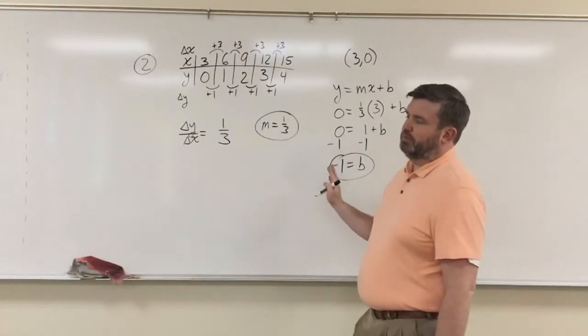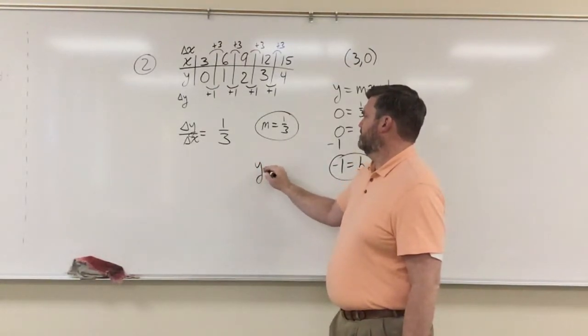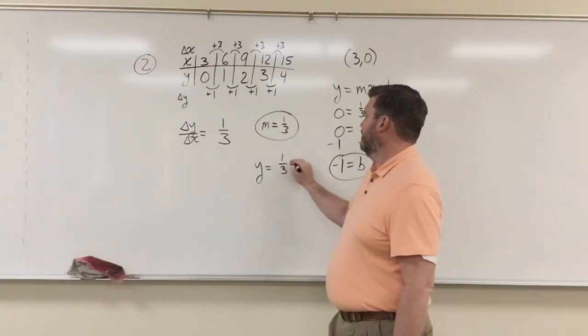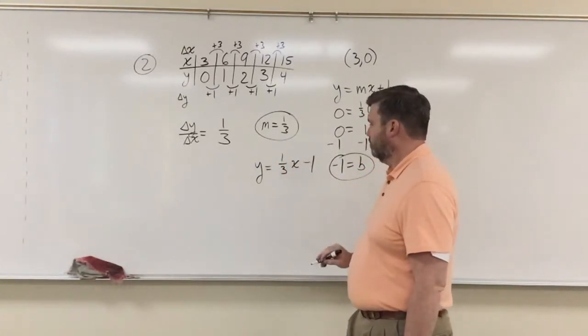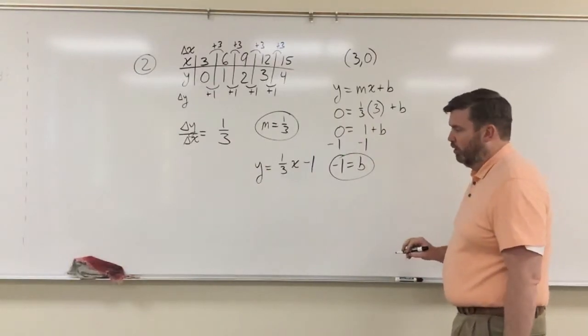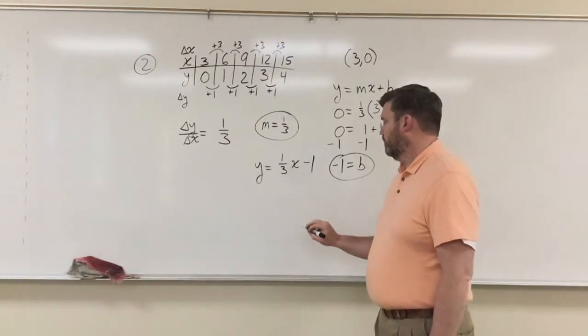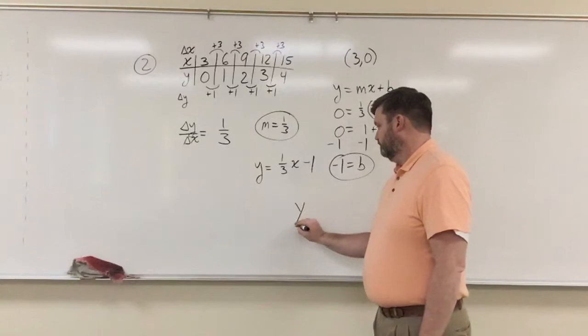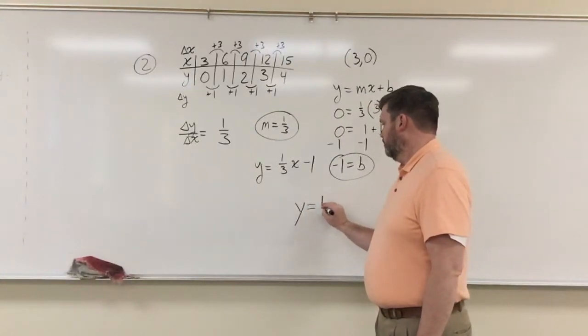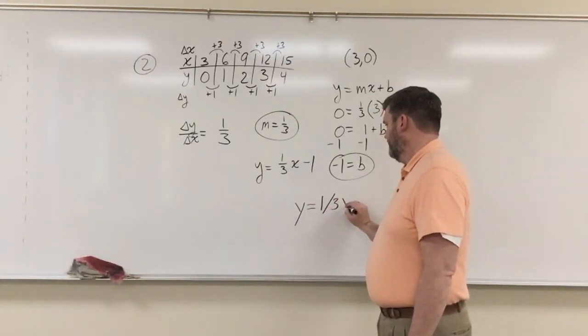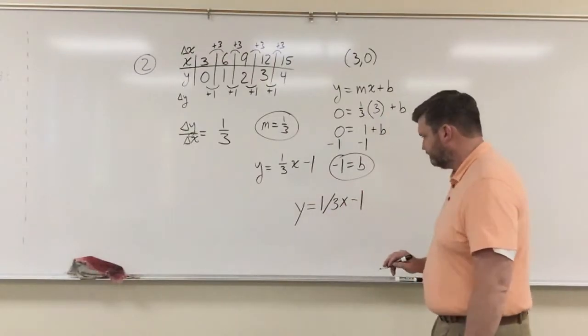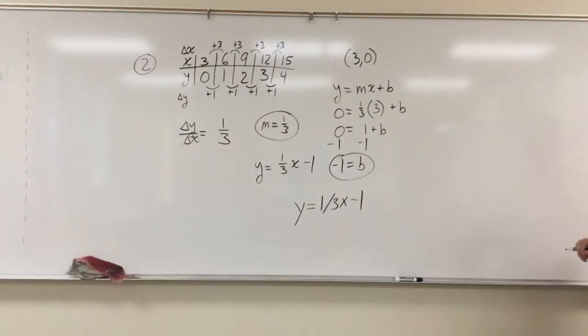So m is a third, b is -1. That means our equation is y equals 1/3 x minus 1. Tomorrow, when you enter that into Google Form, y equals 1/3 x minus 1. That's how you'll enter that.